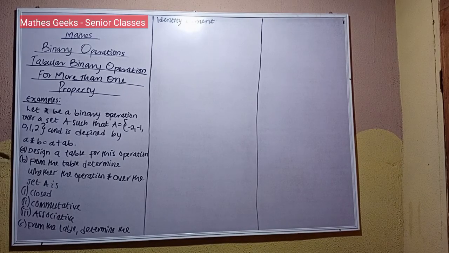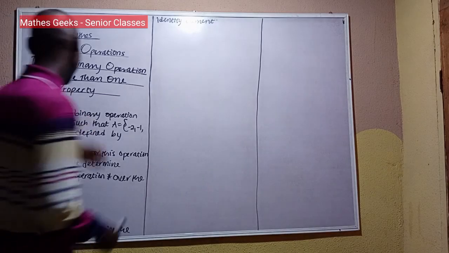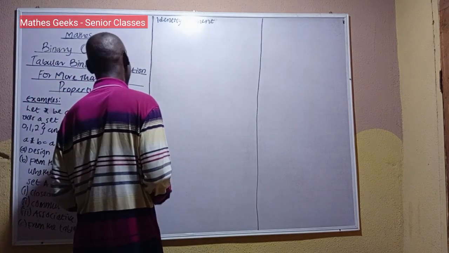Let's start with a binary operation over a set A such that A is equal to -2, -1, 0, 1, 2, and is defined by A star B equals A plus B plus AB. So we want the design table for this operation.